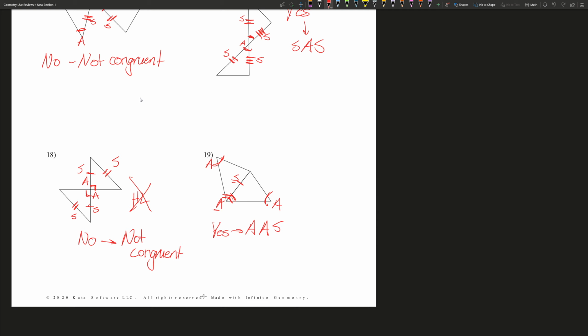It's just this angle is not included in these two sides. Same here. This angle isn't included in these two sides. If they were, so if this angle were up here and this angle were down here, then it would just be SAS again. But they're not, so we can't prove anything.